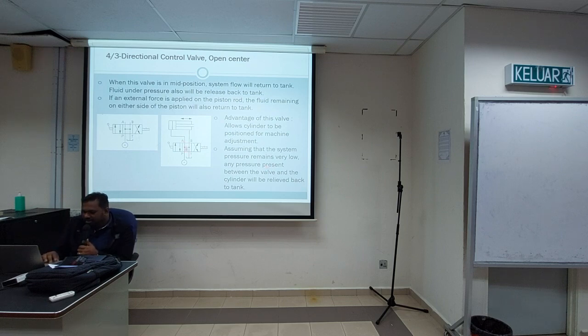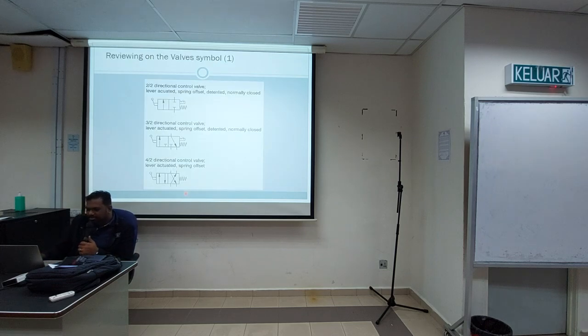So the pressure will be maintained low. So kalau pressure maintain low, so it will reduce a lot of problem. Macam badan kita juga kan, pressure banyak, a lot of health issue. So similar lah. So you need to maintain the pressure in order to control the valve, the hydraulic oil movement.